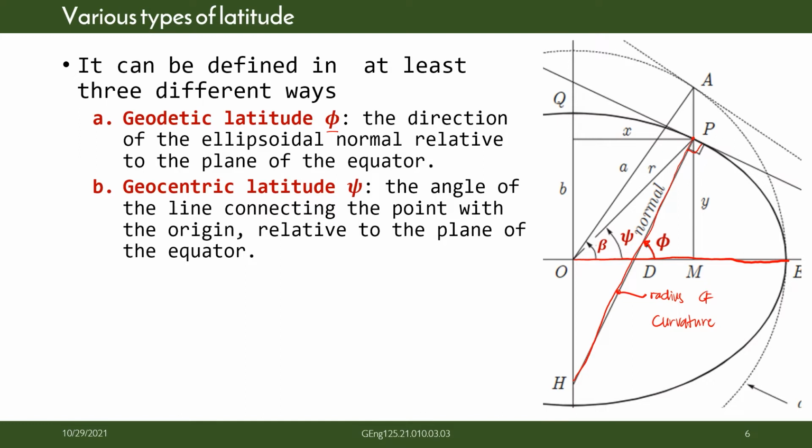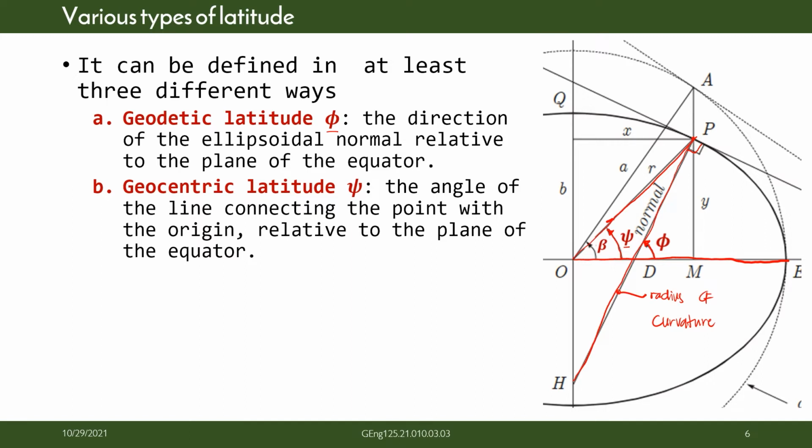Instead of projecting a normal line, we direct a line from the point to the origin, forming this line. Then the angle from the equator going to that line is your geocentric latitude.